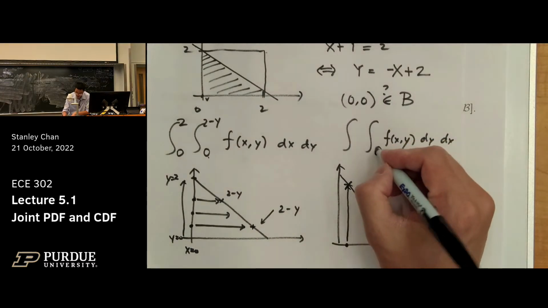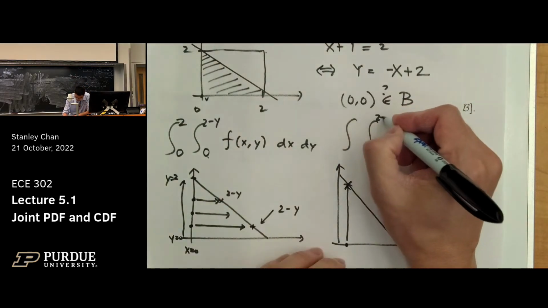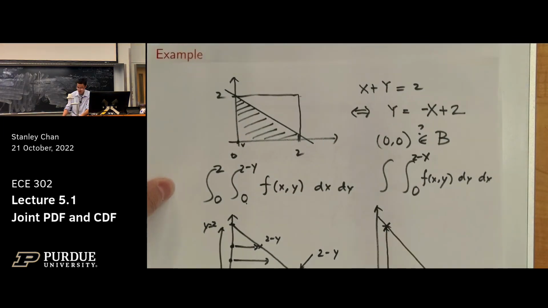So the lower limit has to be 0. The upper limit will be, yes, 2 minus x. Okay, it all comes from this equation, x plus y equals to 2.